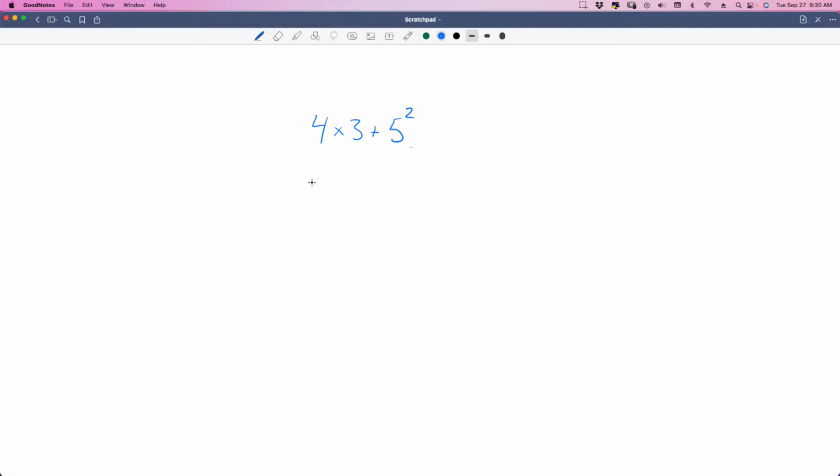And what if you have a problem like this, where you have 4 times 3 plus 2 plus 5 squared, and then you have parentheses? How do we handle that? Do we multiply times everything in the parentheses? Does the parenthesis mean that it's separate from this? What do we do?